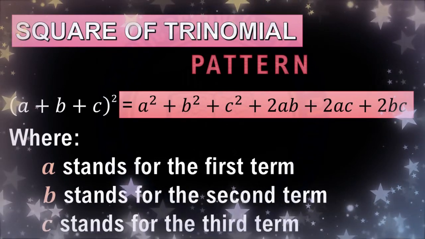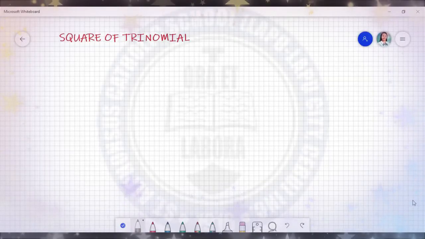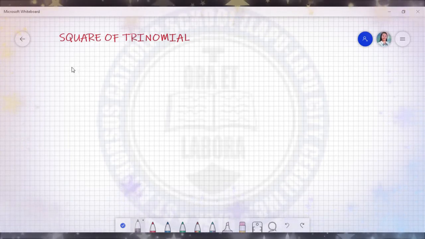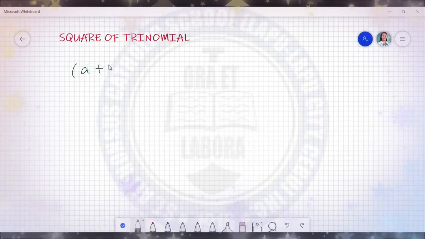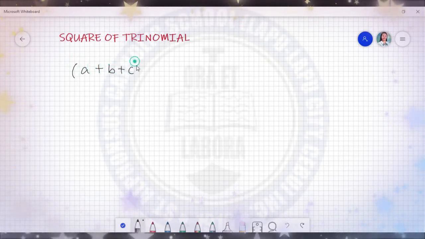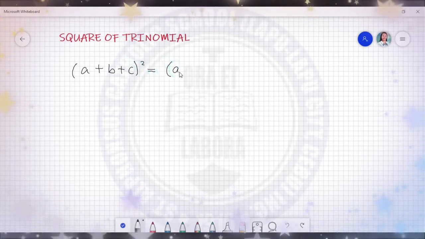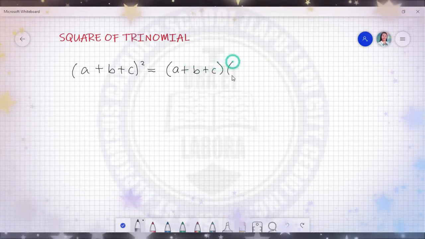But how do we get such a long pattern? So this is how we get the pattern of square of trinomial. If you're going to square a trinomial (a plus b plus c) squared, it means that you're going to multiply a plus b plus c by itself.